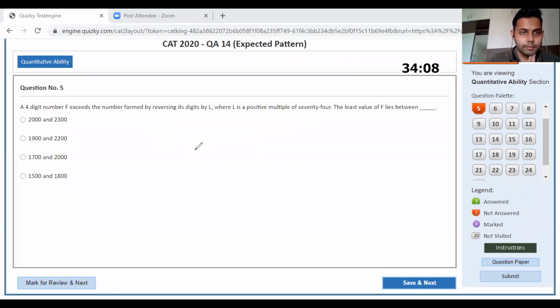A 4-digit number F exceeds its reverse by L. So basically L, the 4-digit number is what? 1000 A plus 100 B plus 10 C plus D. Okay. This is the whole number. Like when we have number type questions, this is how we divide.